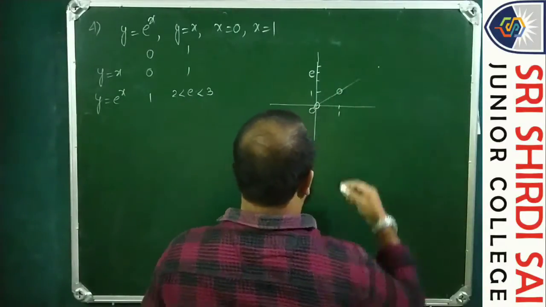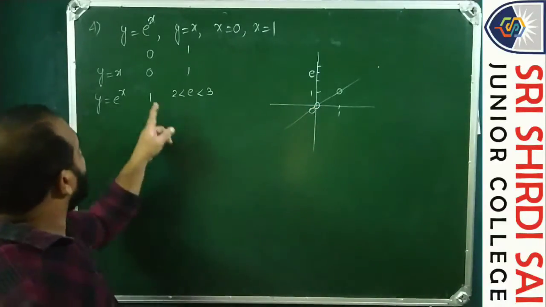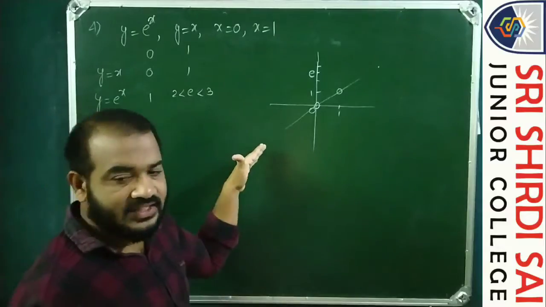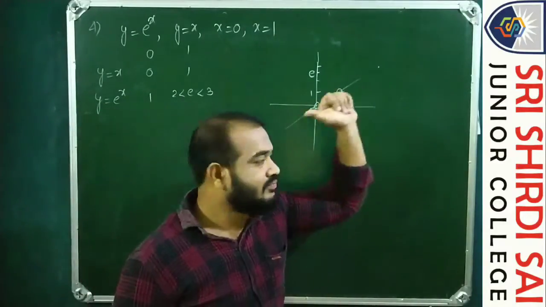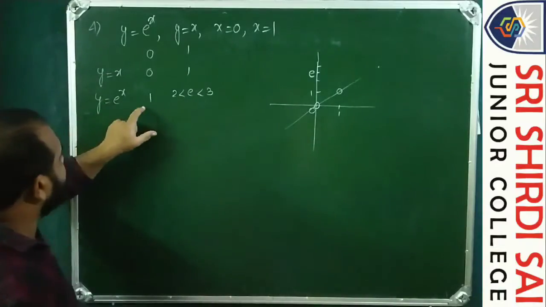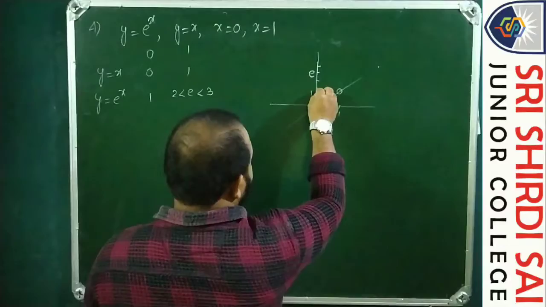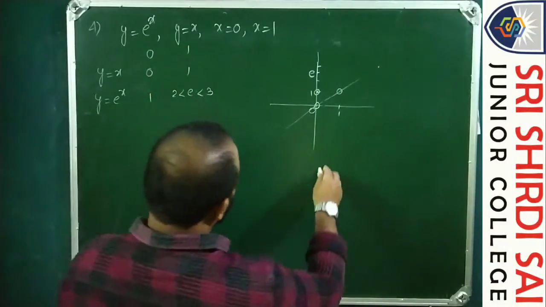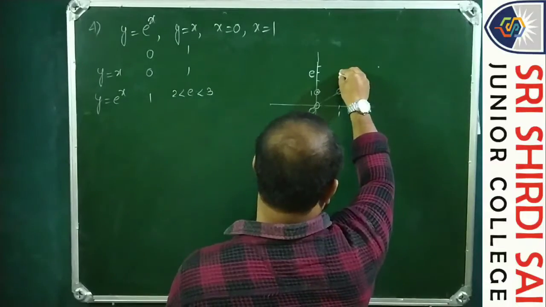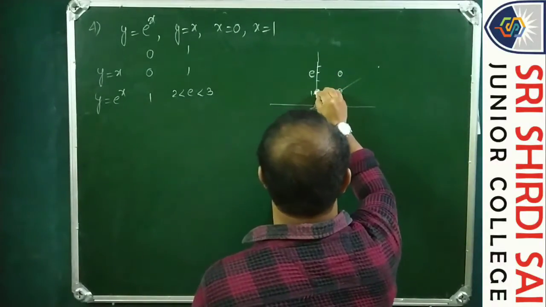So this is a straight line if you even extend it also. So y is equal to x is the line which is passing through the origin and it is a straight line. And now let's come to this 0 1. 0 1 is this, and 1 e is somewhere here.